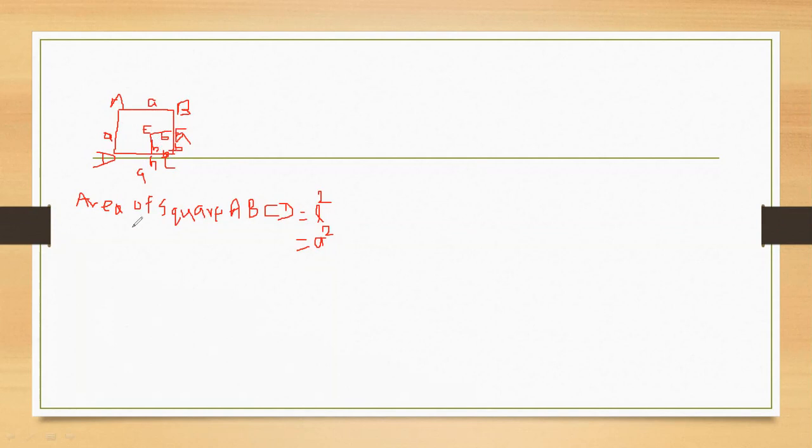If you draw a small square at the corner, having each side b unit in length, then the area of that small square equals L square.